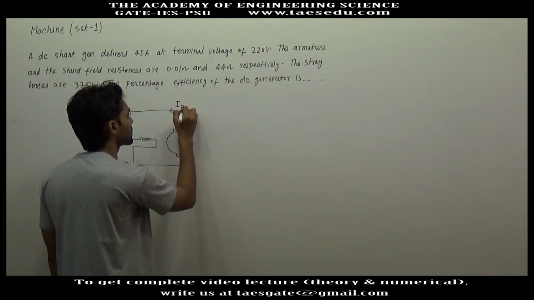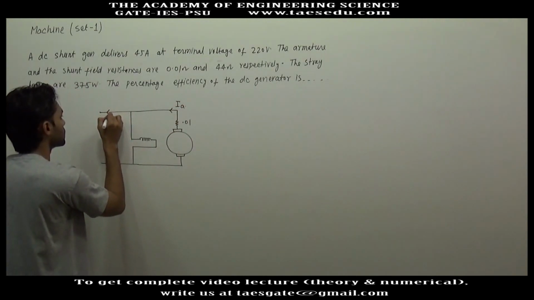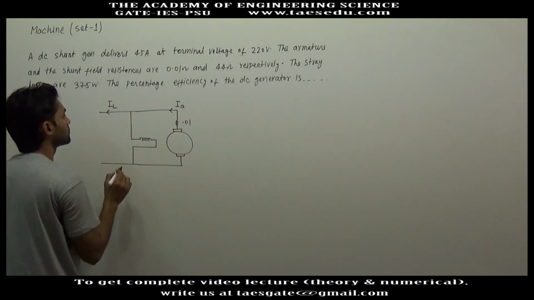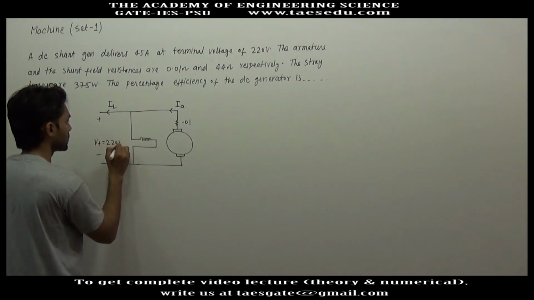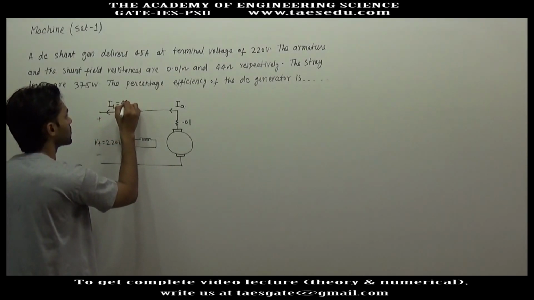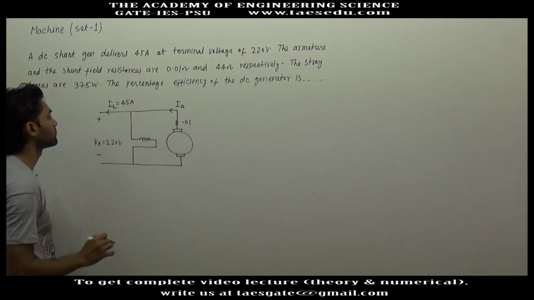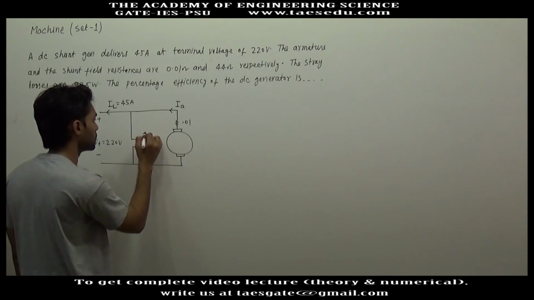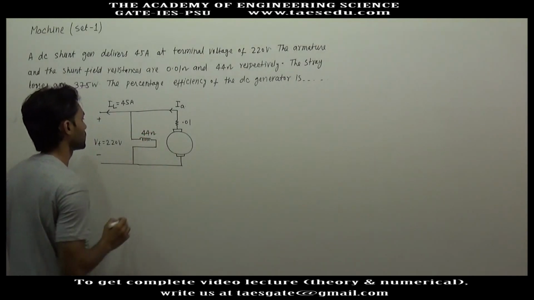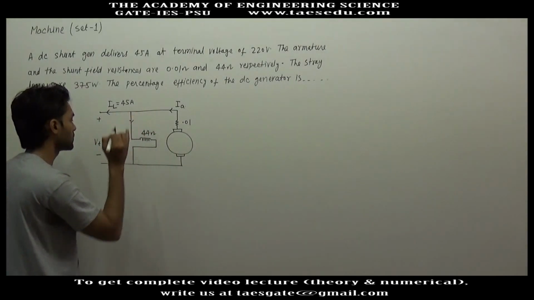This is the armature current, this will be the load current, this is the terminal voltage which is given as 220 volt, load current is given as 45 ampere, and here the resistance is 44 ohm. So what will be the field current?